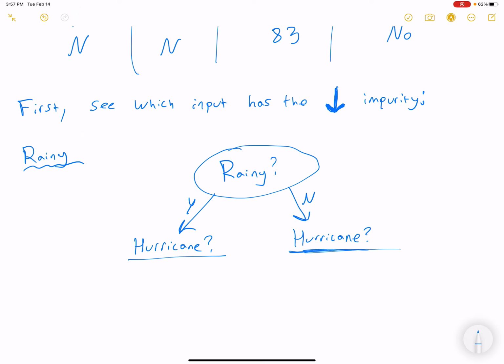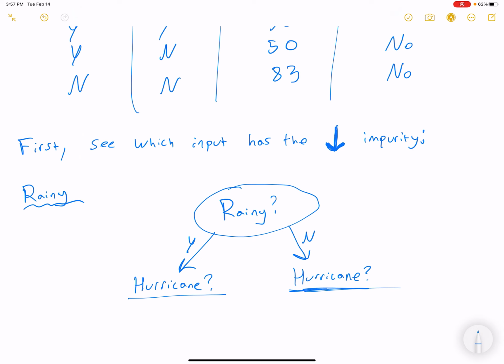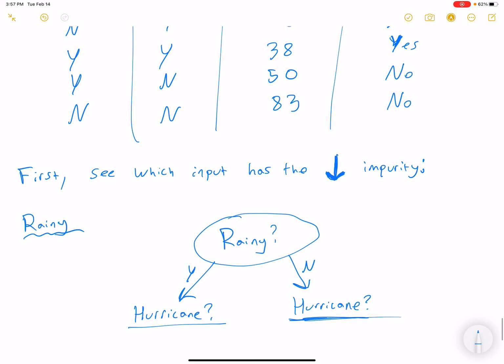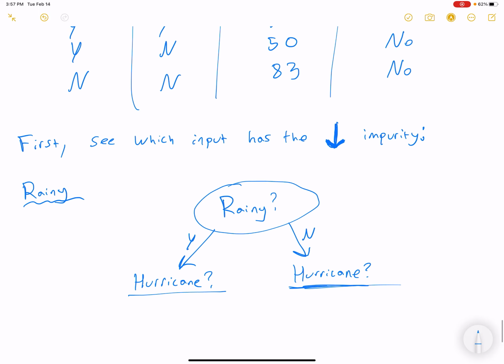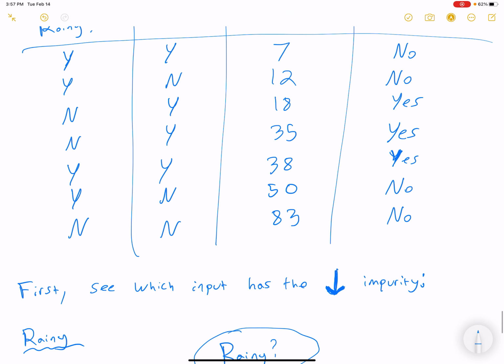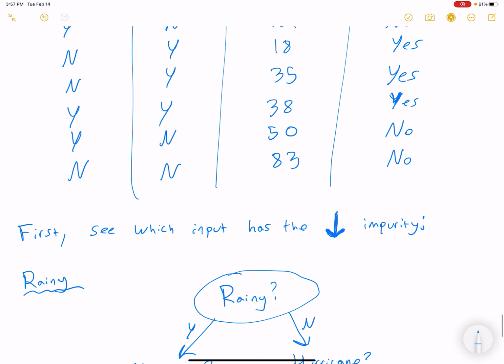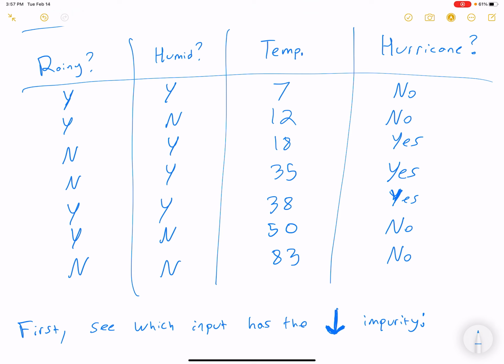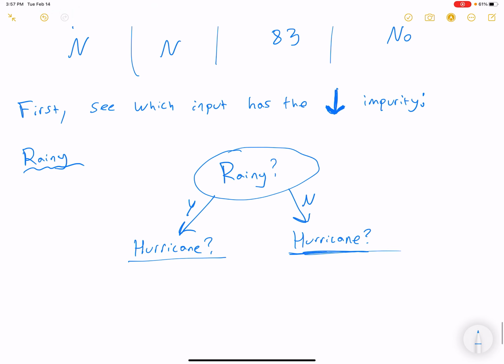So when it is rainy, and think about this in terms of naive Bayes, rainy is these top two examples and the second to last and third to last example. So out of those four, there's one example where hurricane is yes, and 3 where hurricane is no.